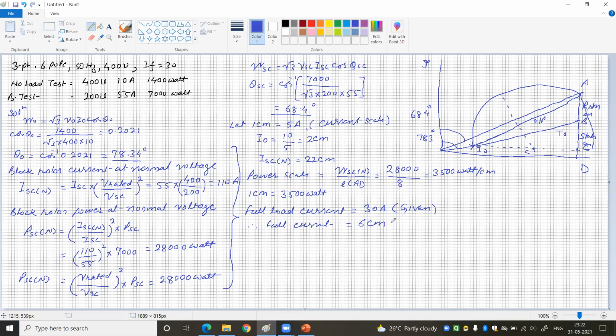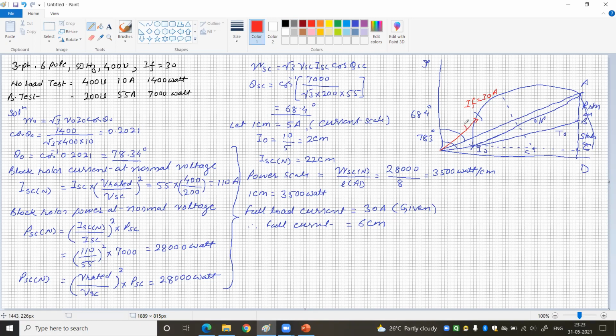So take the distance in the compass and mark 6 centimeters somewhere here. This is nothing but the full load current, which is equal to 30 ampere or 6 centimeter.